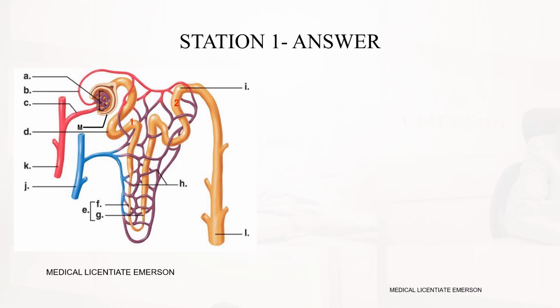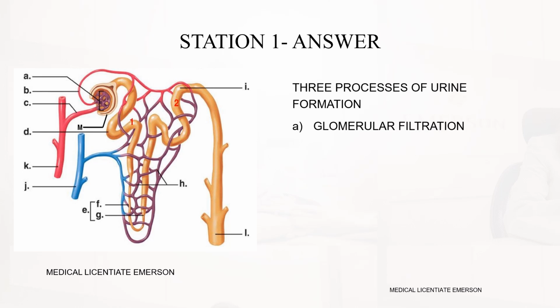Okay, so let's continue. So the other question was to explain the three processes of urine formation. So number one process is the glomerular filtration. So under glomerular filtration, there of course is blood that's passing through the glomerulus, and that blood is going to be filtered, and so are molecules and ions and other electrolytes.